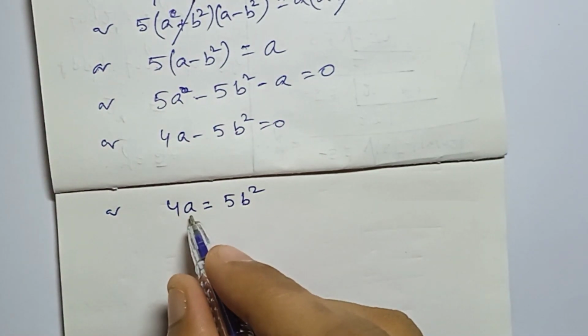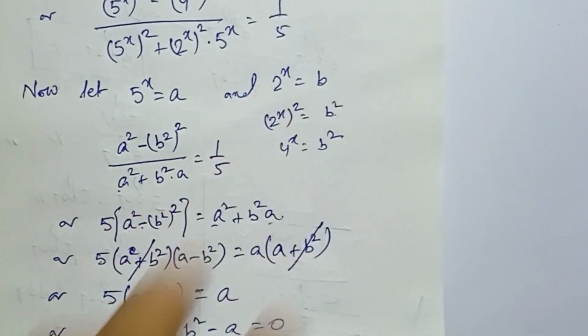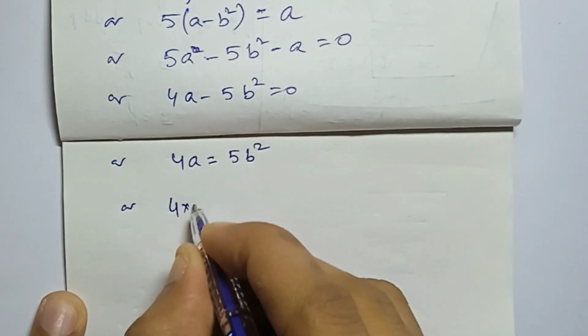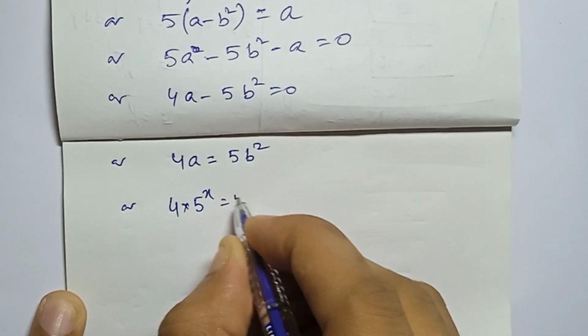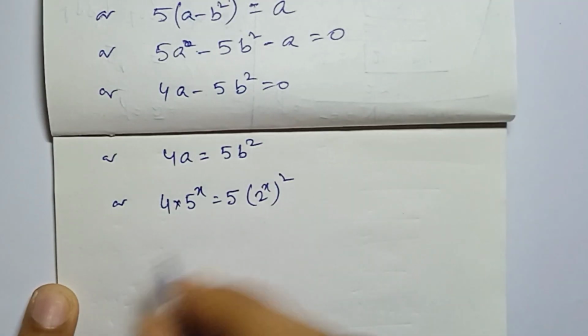Now put the value of a and b in this equation. We take a is equal to 5 to the power x, and b is equal to 2 to the power x whole square.